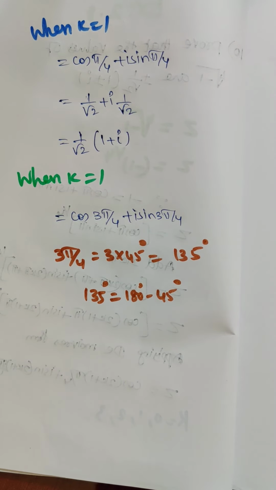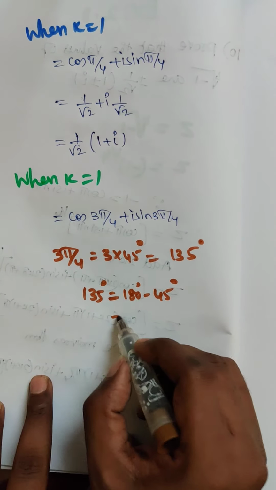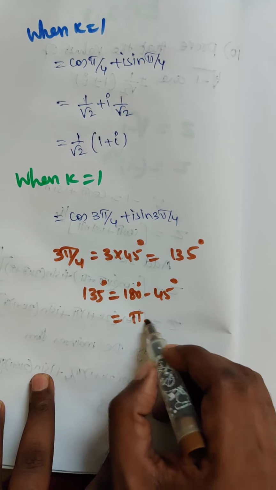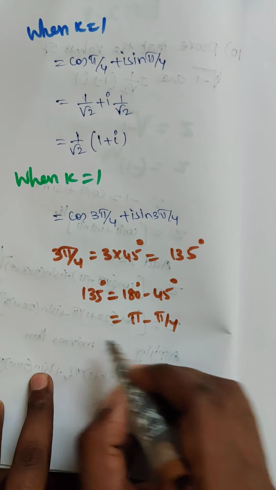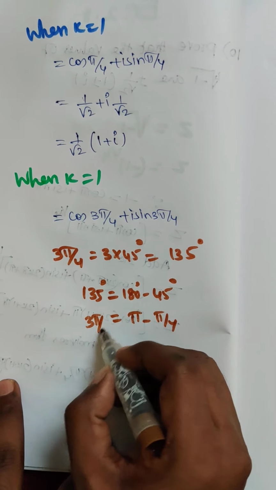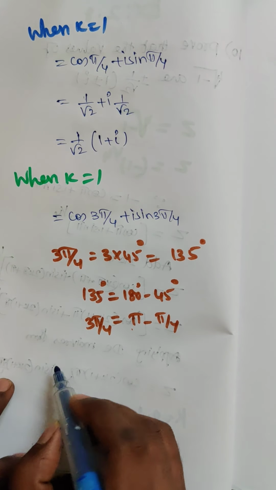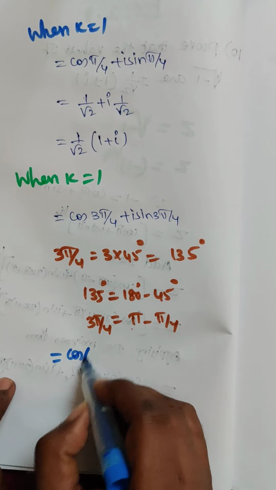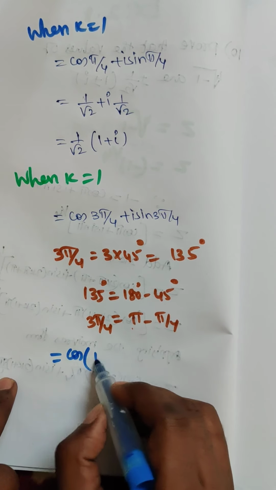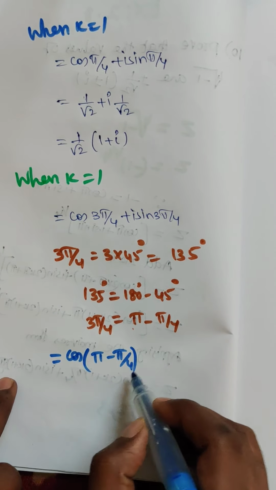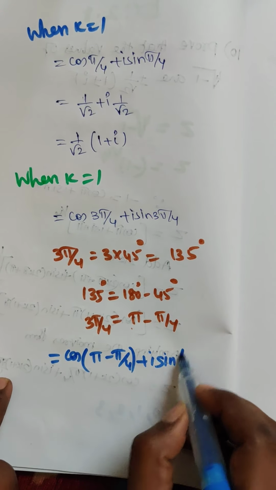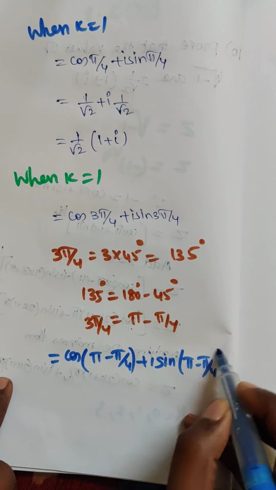So 3 pi by 4 we can write as pi minus pi by 4. So that is equal to cos of pi minus pi by 4 plus i sin of pi minus pi by 4.